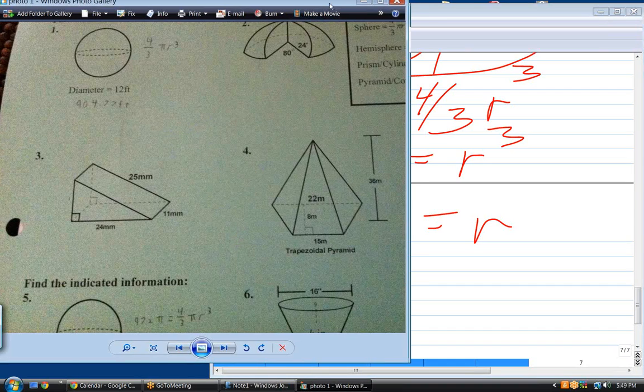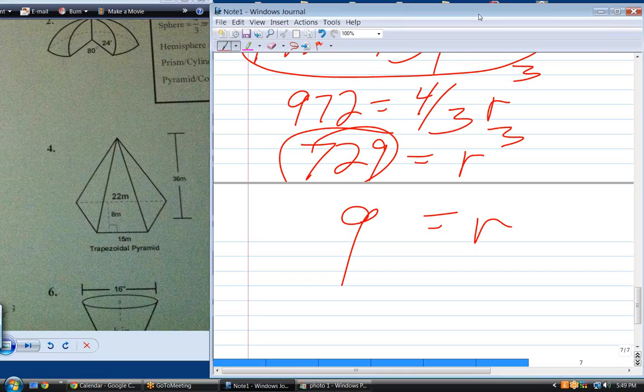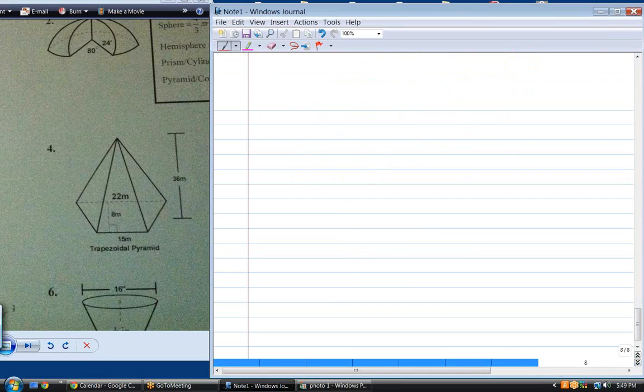Number 6, what information do they give you and what information do they want? Looks like we have a diameter of the cone being 16 inches. That's the only thing I can see. Yeah, we have h is the height, and it says the volume is 448 pi.